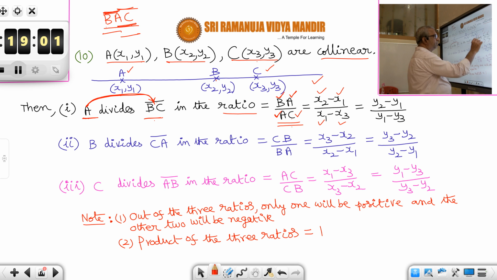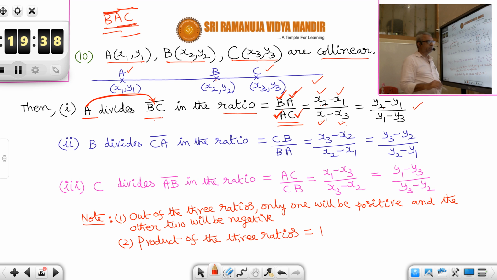So that means x2 minus x1 by x1 minus x3. Or you can use the y coordinates also: y coordinate of B minus y coordinate of A divided by y coordinate of A minus y coordinate of C. So you will get a similar formula: x2 minus x1 by x1 minus x3, and in y coordinates it will be y2 minus y1 by y1 minus y3. Okay, understood? This is very, very important.